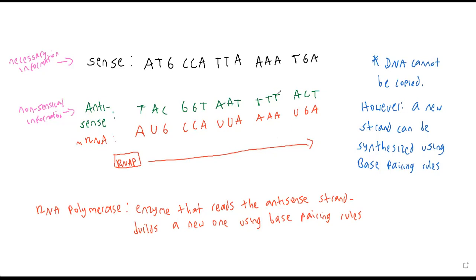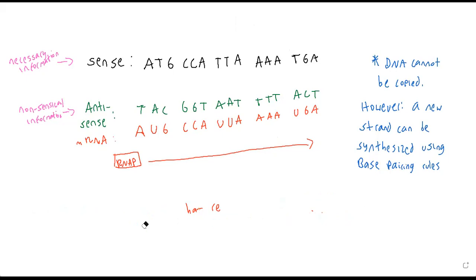Now, something's going to happen once this RNA strand is made. It's going to be modified. So what's going to happen next is that the immature RNA strand will be modified.